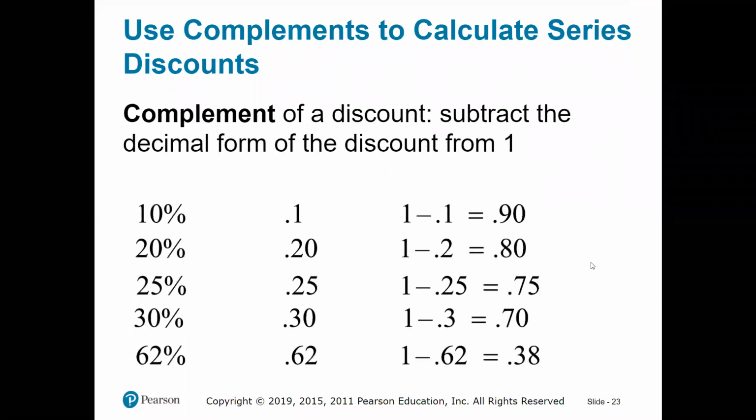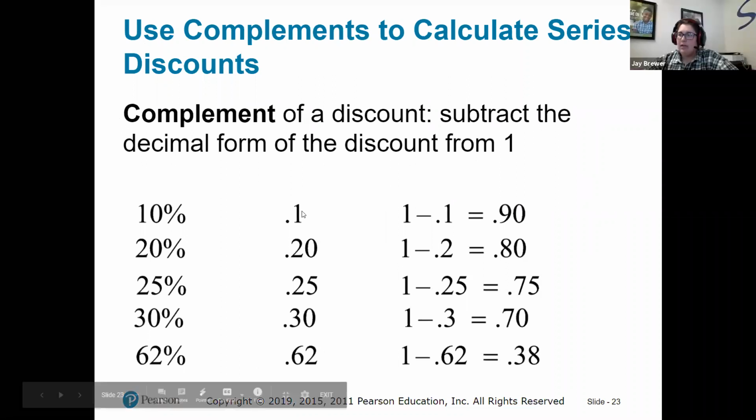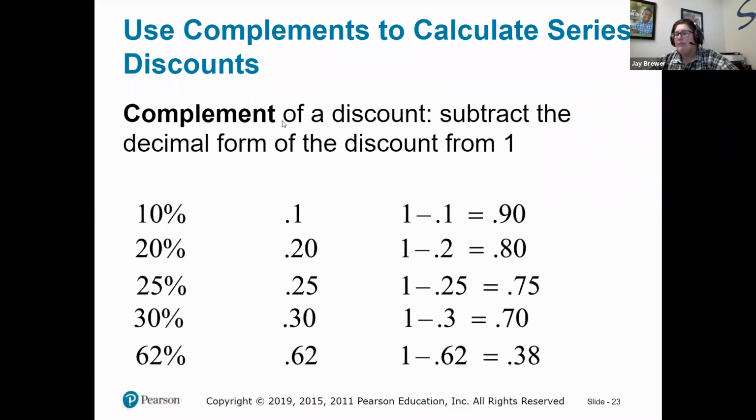All right. So here's what they're talking about with complements. I'm so happy that I did not lead you astray. Again, the complement of a discount: subtract the decimal form of the discount from 1, or you could also take 100% minus the percentage.